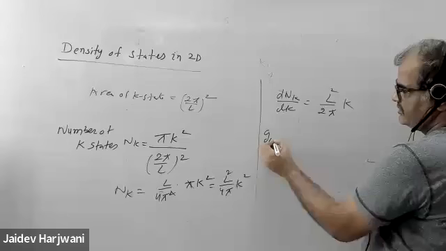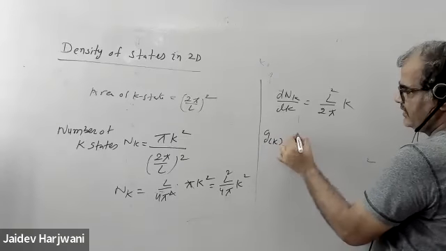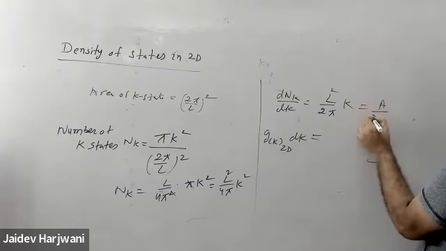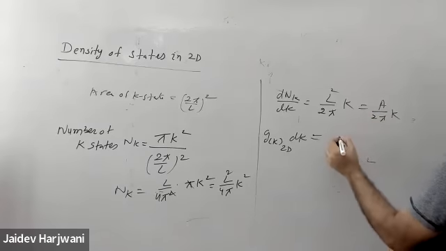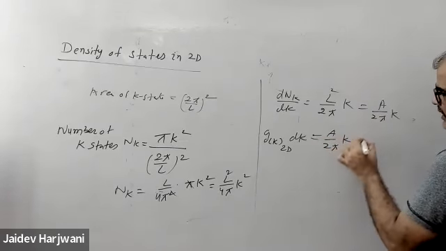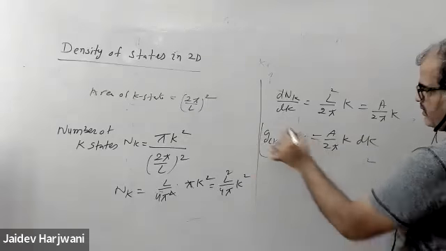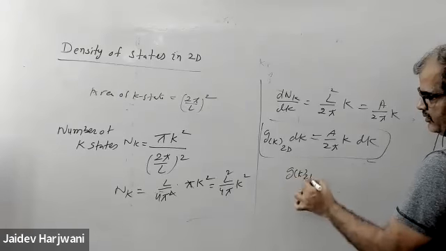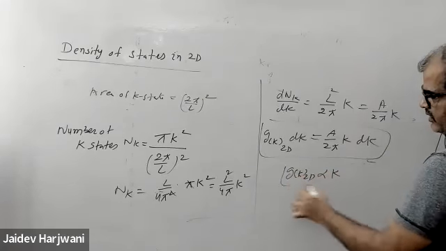So if I write gk in 2D, gk dk will be, with L square as the area A, A upon 2 pi k dk. So your gk in 2D is proportional to k.